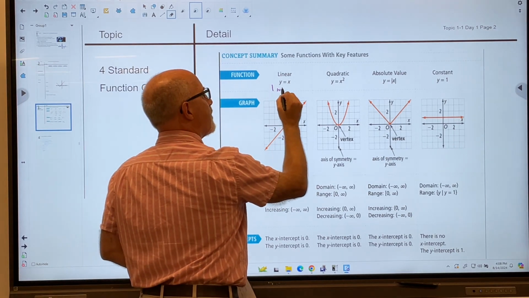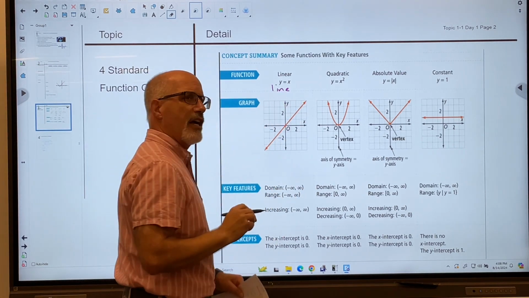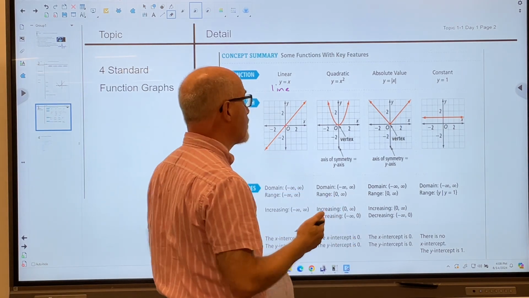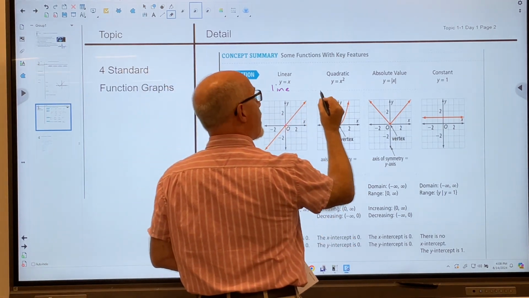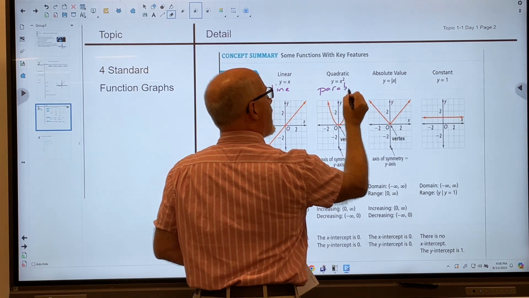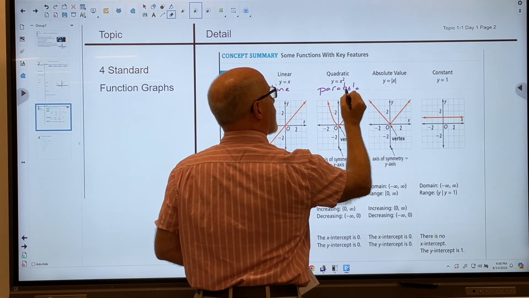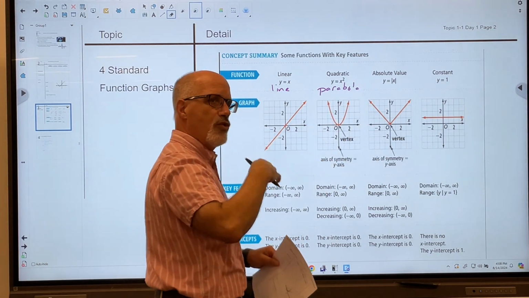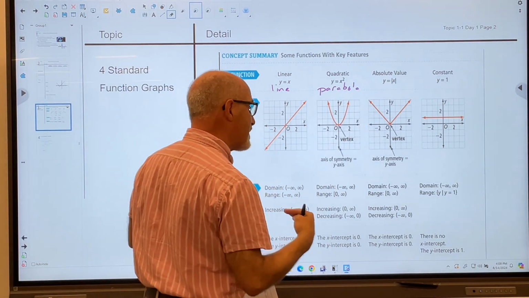You're probably very familiar with these from algebra. When you were graphing in algebra, most of the time it was lines. But you did do some quadratics. This is called a parabola. A parabola is a graph that is shaped like this. It's got the U shape to it. It could be upside down.